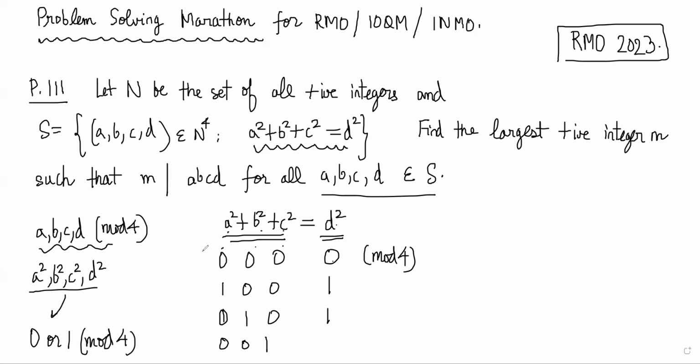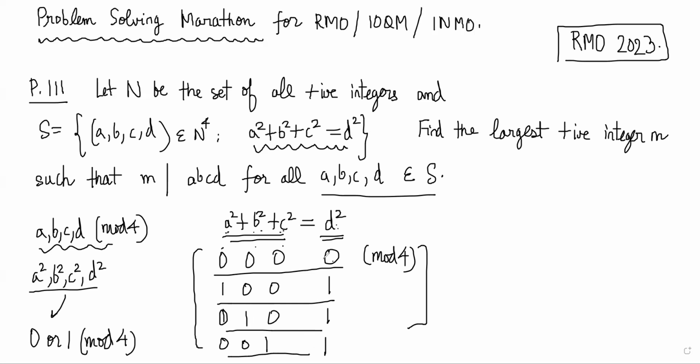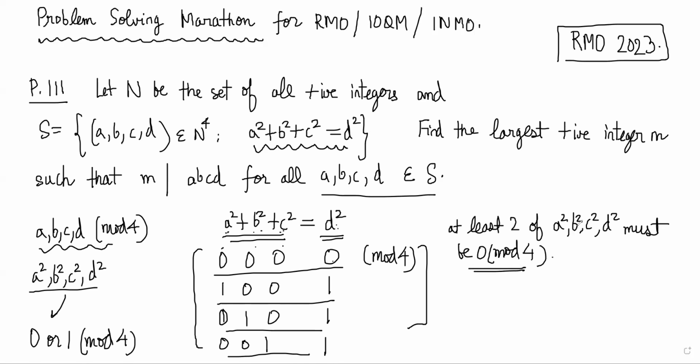So basically, I am looking at possibilities for a, b, c, d modulo 4. We are getting that a square, b square, c square, and d square can be only 0 or 1 mod 4, and these are the 4 cases. Now think about it. In all of these cases, at least two of a square, b square, c square, d square must be 0 mod 4.